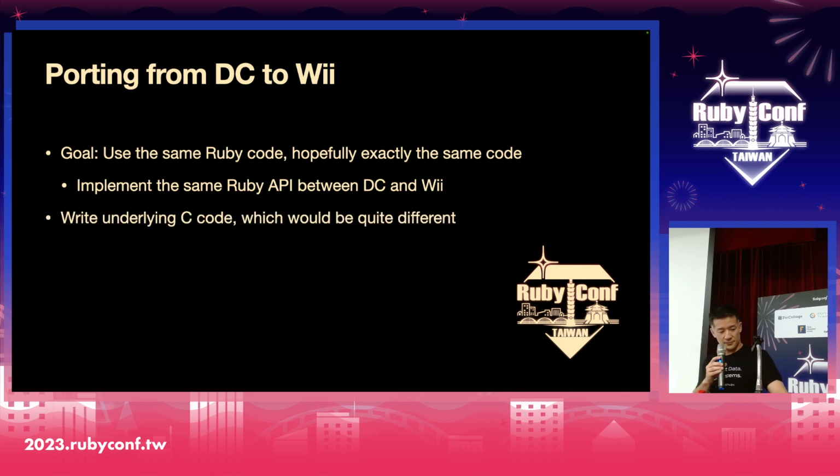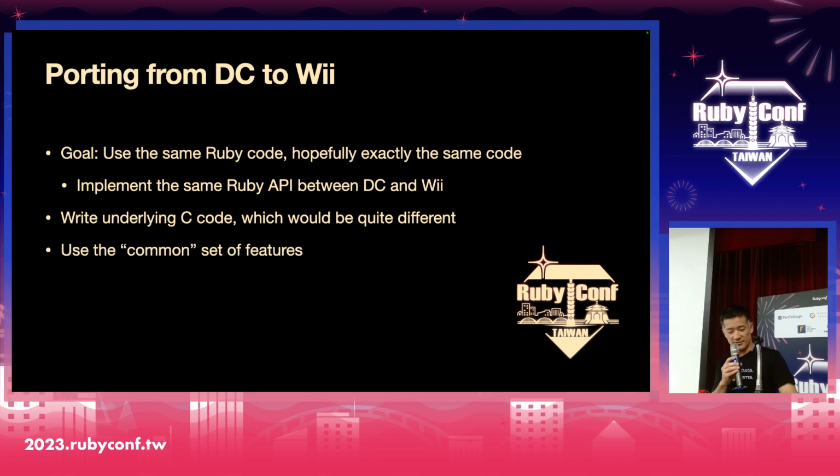That means the underlying C code will have to be quite different, because platform libraries provide different functions, different data types, and everything's different. But if the Ruby API is the same, the same code should be able to run.